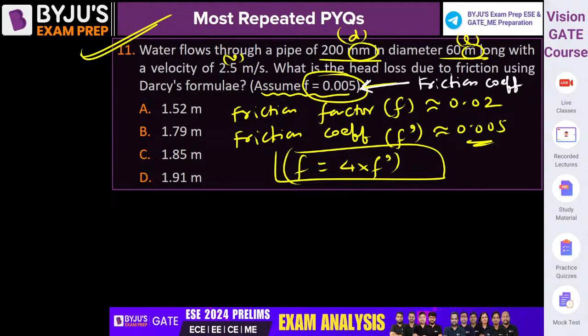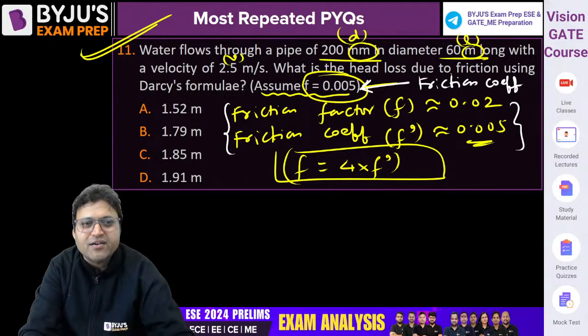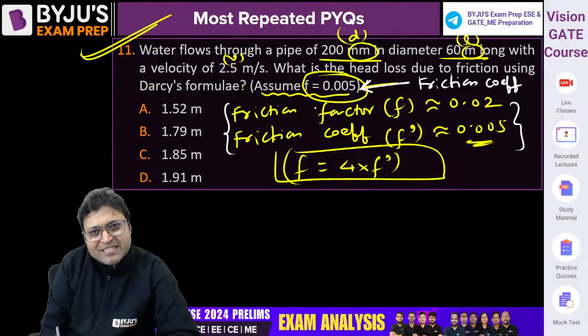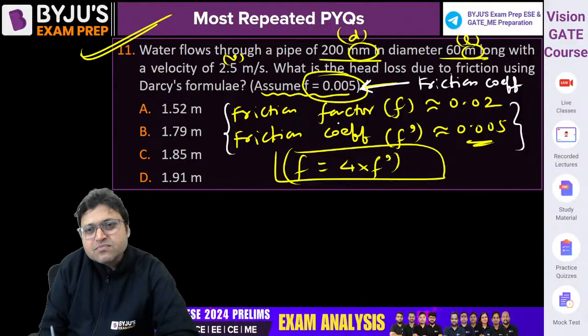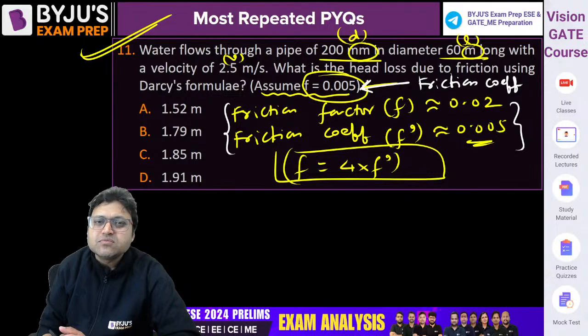But in GATE examination, you will get the value specifically whether it is a friction factor or, if it is a friction coefficient, it will be mentioned in the question. But in engineering services examination, they do not feel the need of mentioning, right? So what is the friction factor? Isn't it 0.02?